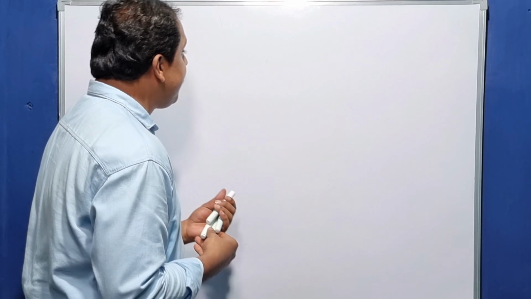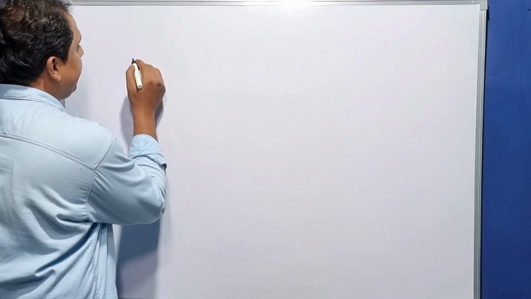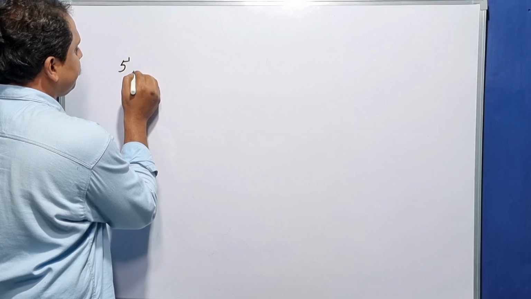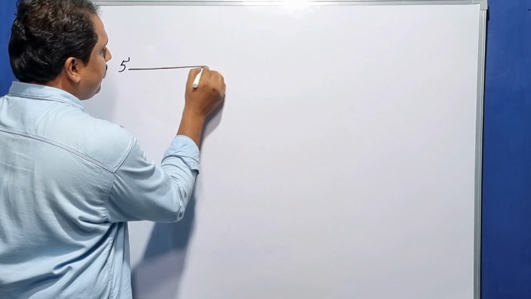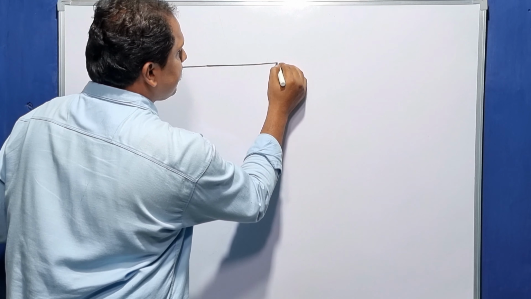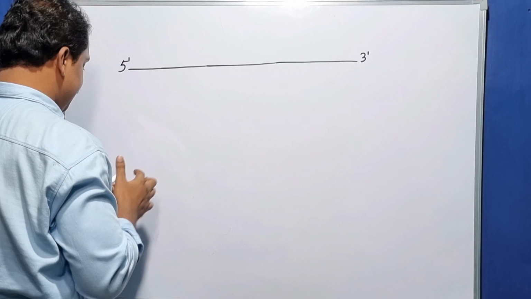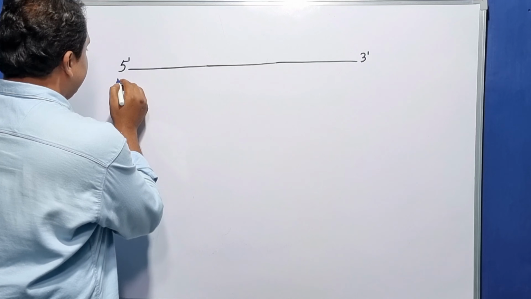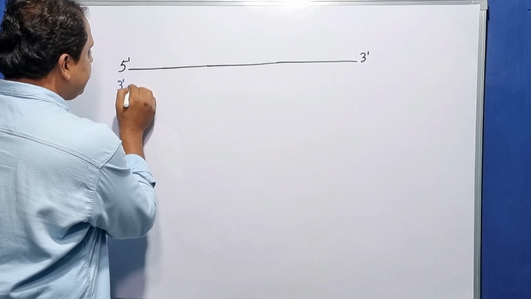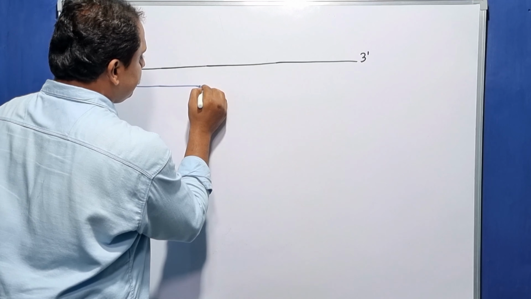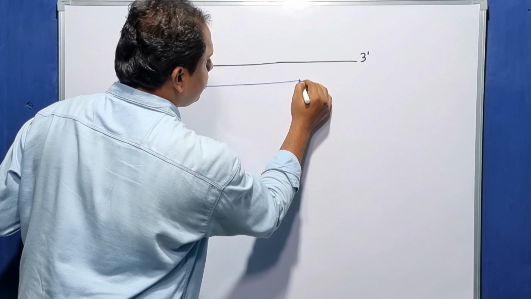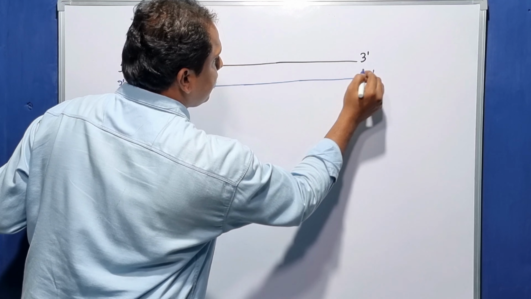Is it clear? So here let us assume it has the 5' end, and here it is the 3' end. In the same way, here it is the 3' end, and it is the 5' end.